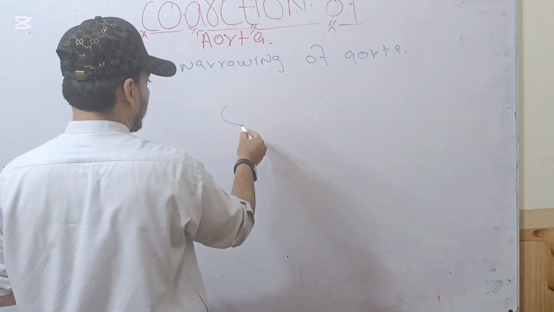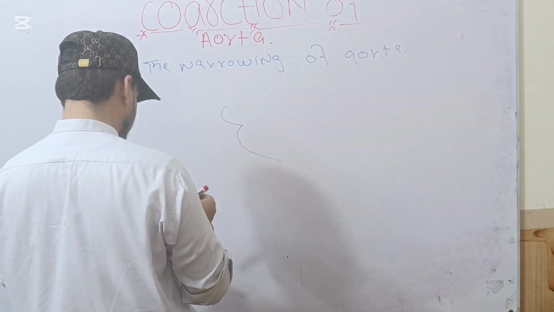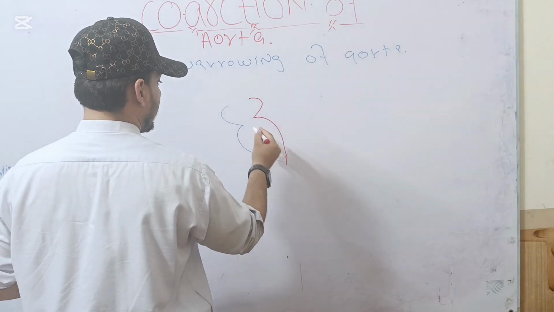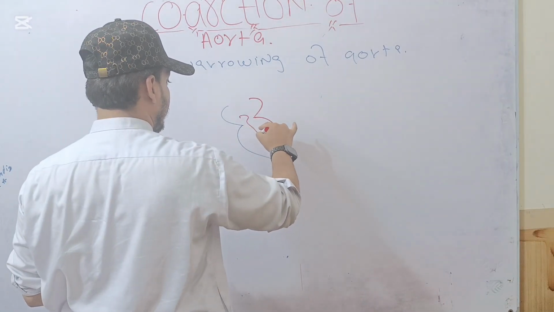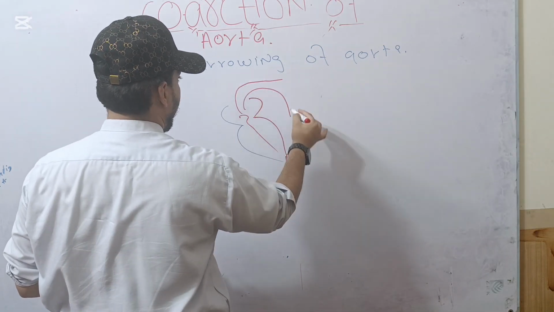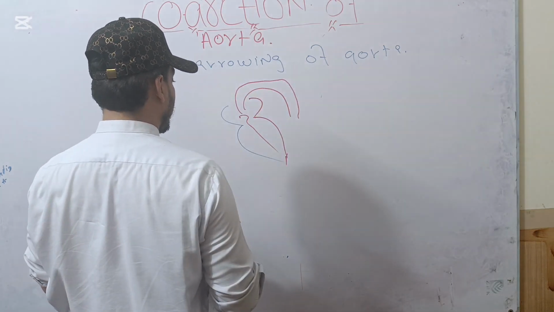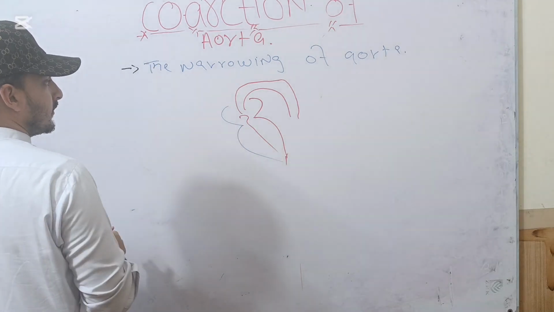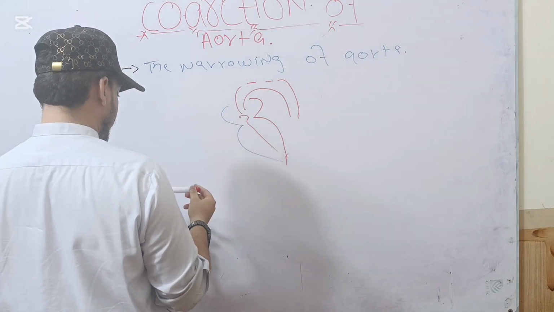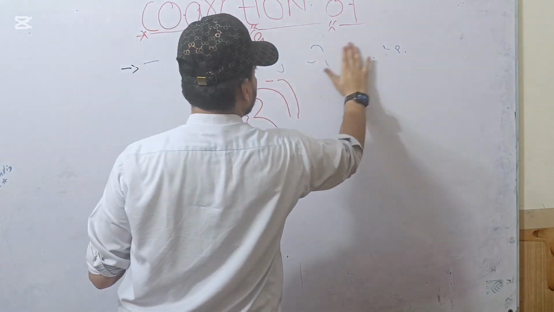So for example, right atrium, right ventricle, left atrium, left ventricle. Here the aorta rises from this side. There are three branches coming from the aorta.